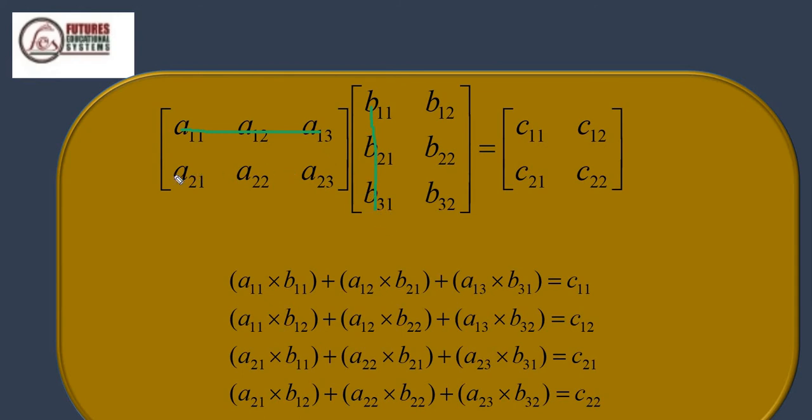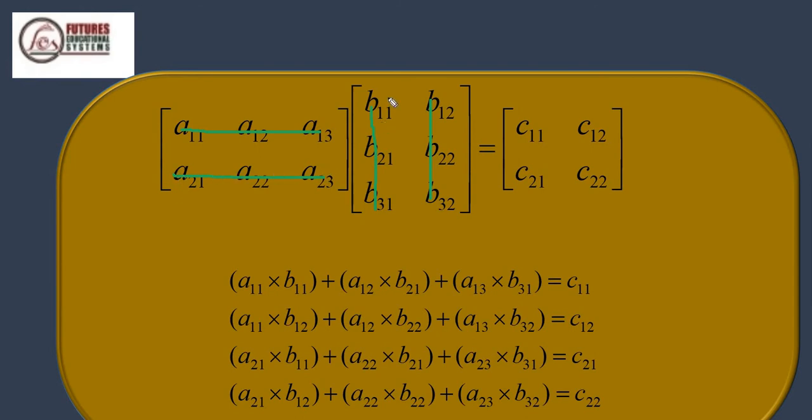And now we multiply the second row by the second column: A21 times B12, A22 times B22 plus A23 times B23.